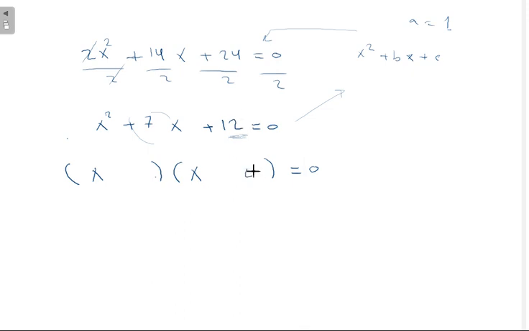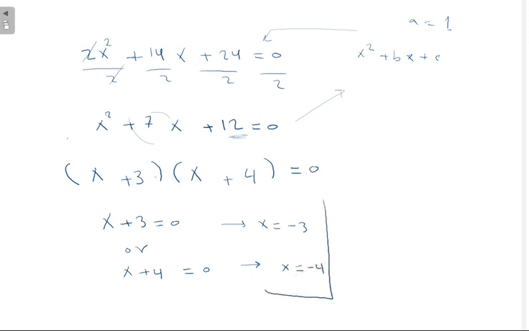So I have 4 and 3, both positive signs. Then 3 multiplied by 4 gives me c, 12, and 4 plus 3 gives me b, 7. That's okay. Now, either x plus 3 equals to 0 or x plus 4 equals to 0. So in this case, x equals minus 3, and in this case, x equals minus 4. And these are the solutions of this quadratic equation.